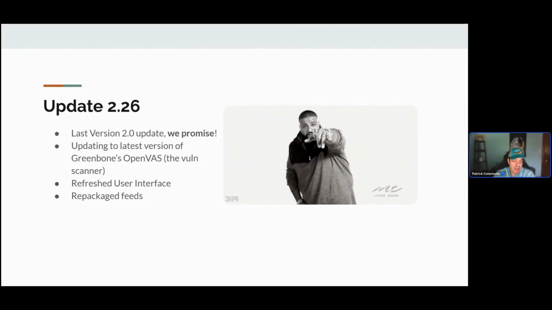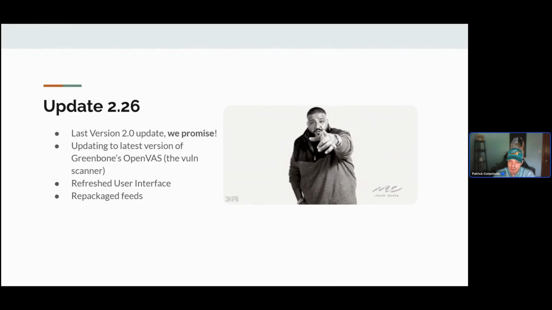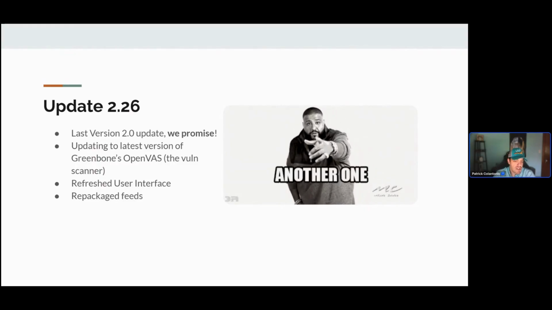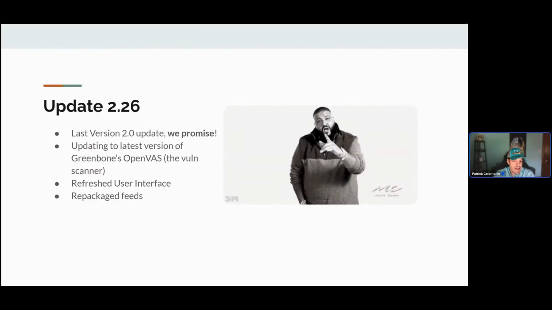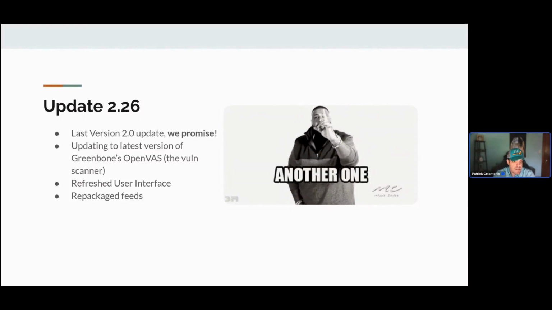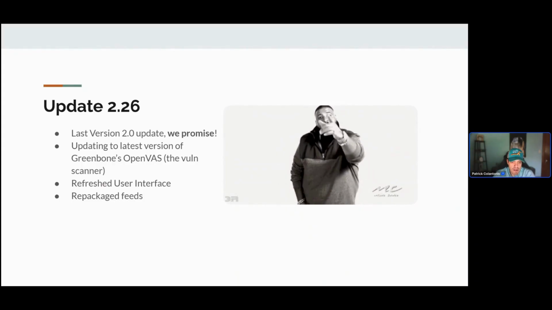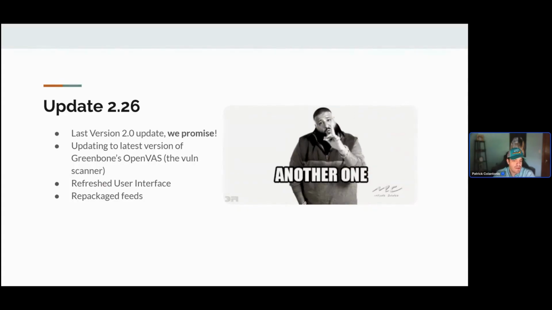But we're still going to have the legacy interface for those of you that still want to just use the regular OpenVAS one. So that UI got a facelift, so to speak, and the feeds are the same and they're still being updated. They're just a little repackaged differently. They update a bit differently, but that's just really semantics. That's just backend stuff. It's not going to be noticeable to the end user.